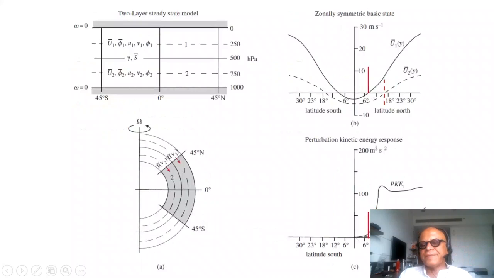In the lower layer, the easterlies are stronger and broader, so the perturbation kinetic energy signal that's traveling is weaker and dies off a little bit quicker towards the lower latitudes.